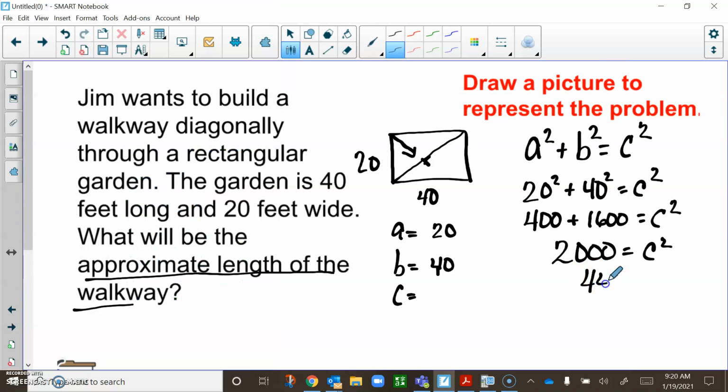So 44.7 is the approximate length of C. Okay, so I go back, reread. I'm looking for the approximate length of the walkway. I found the approximate length of the walkway because it's diagonal. There's nothing else for me to solve, so I have answered my question, circle my answer.